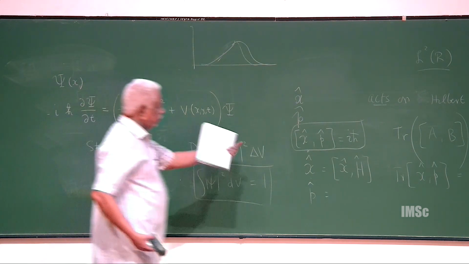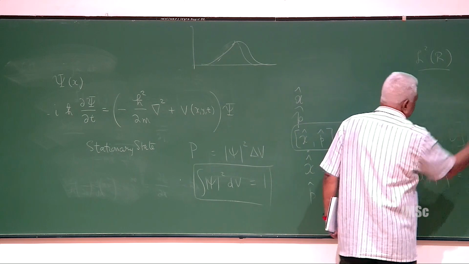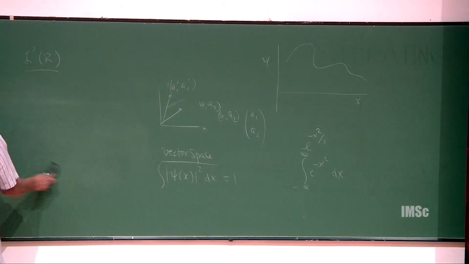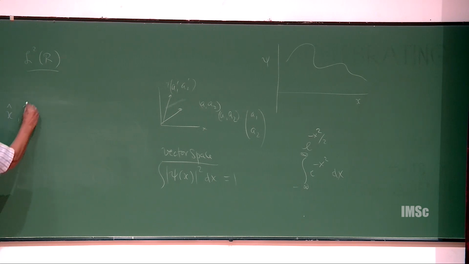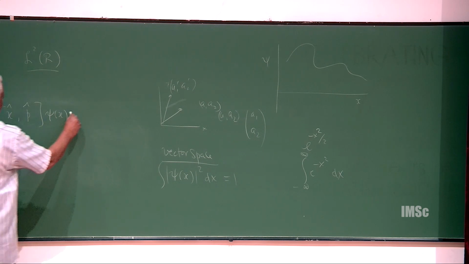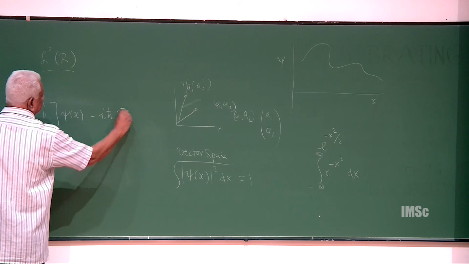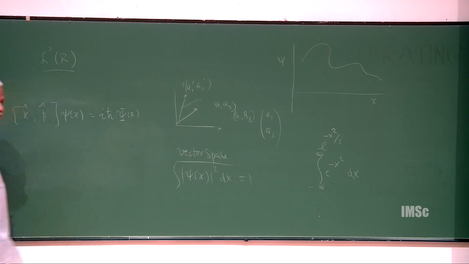This relation which you have here, I have to see it as x hat, p hat acting on psi of x, which is a square integrable function, produces for me i h bar psi of x. That is the relation which you want.